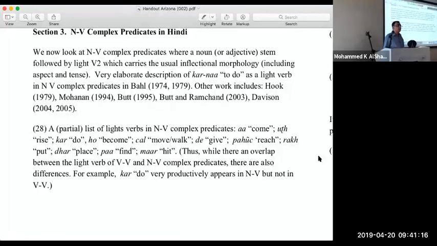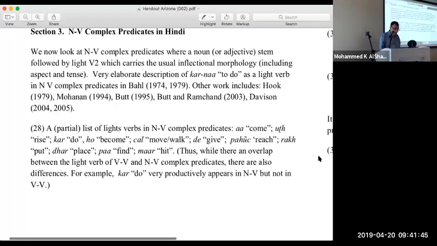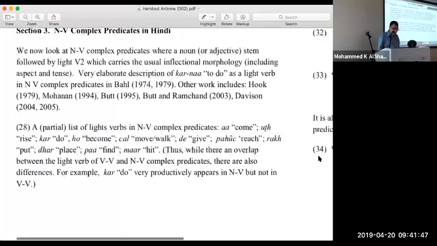VVs, remember the list of the light verbs is relatively small, and not all the heavy verbs participate in VV complex predicates. But with NV predicates, the list of nouns is an open class. You can have Google do, you can have Facebook do, Twitter do, and so on and so forth. You can keep on adding nouns. So in that sense, these are very productive.